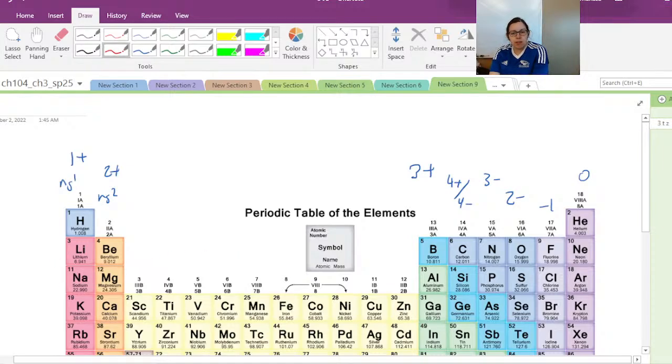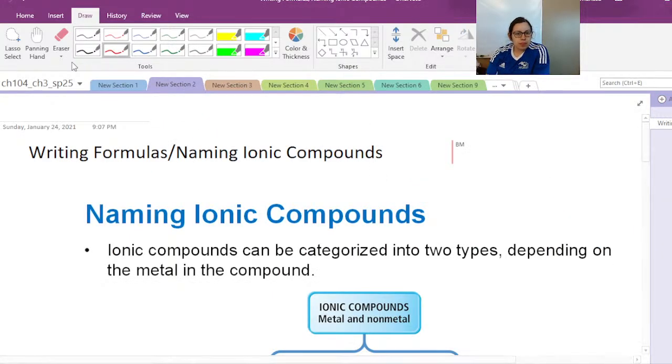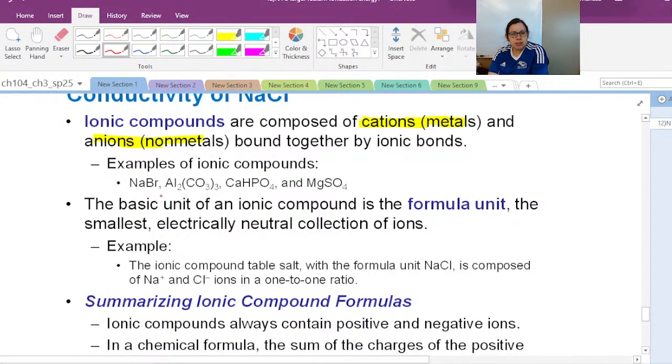So if we look at sodium and chlorine again, sodium has a 1+ charge. Chlorine has a -1 charge. We want our formula unit to be neutral unless we're told otherwise. So again, 1-to-1 ratio there. So that's what that is stating.